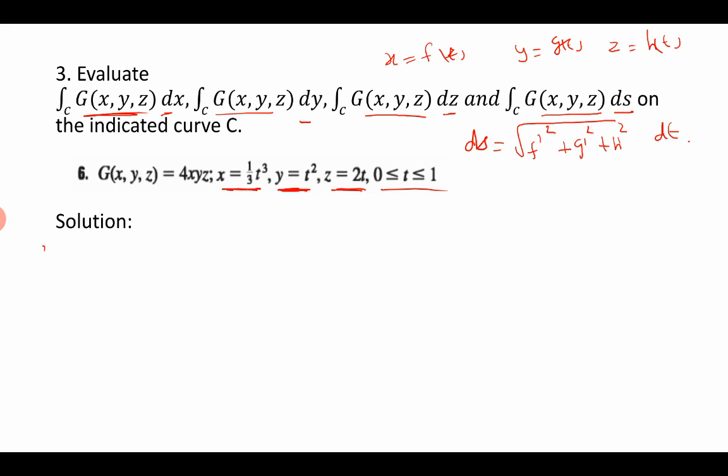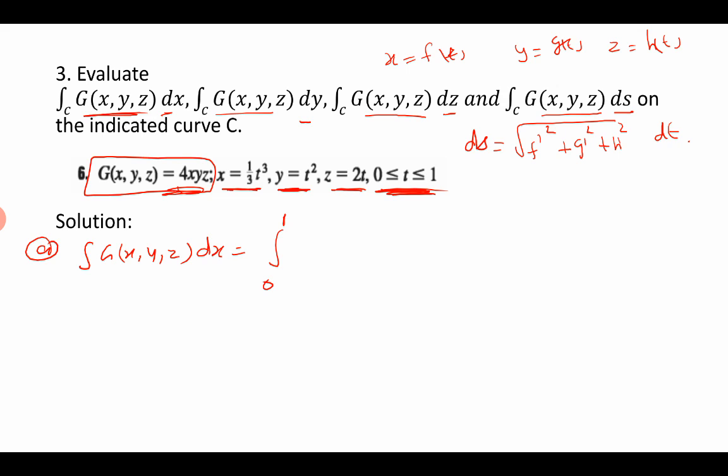Let's do the first one. Case A: the integral of g of x, y, z dx. The limit of t is 0 to 1, and substitute the values: 4 times x, y, z. X is given here, y is given here, z is given here.